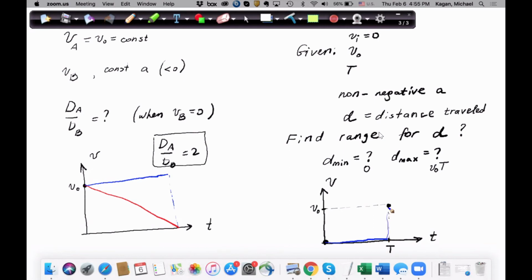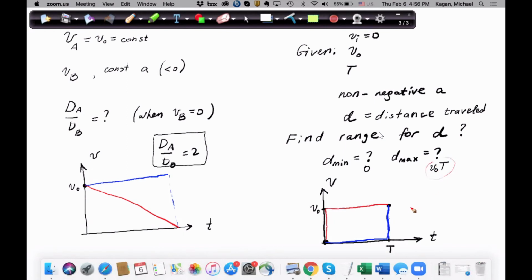So you jump to this final speed, but really you cover essentially 0 distance. The other extreme is when you get that kick right away, and then you just keep constant velocity. Then your area is pretty much all of the rectangle.